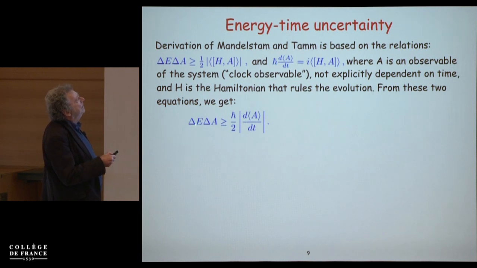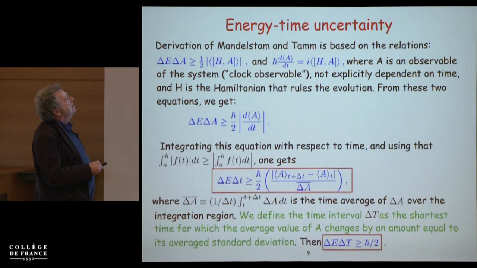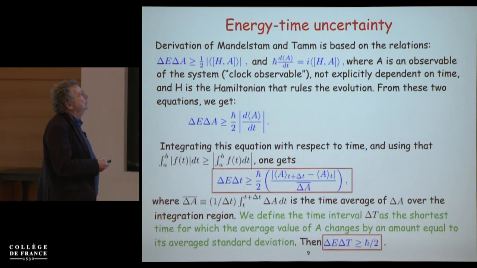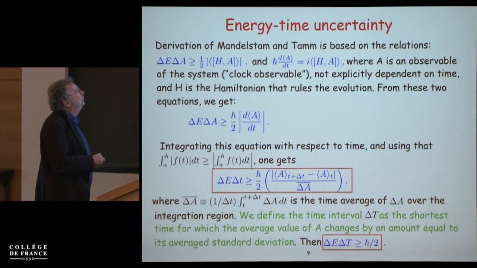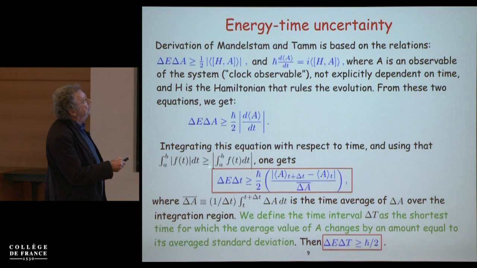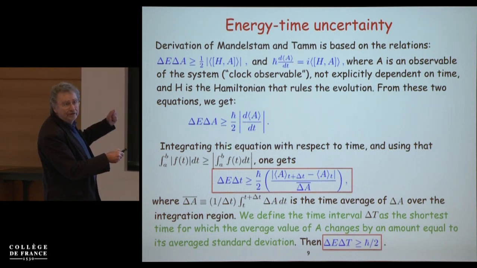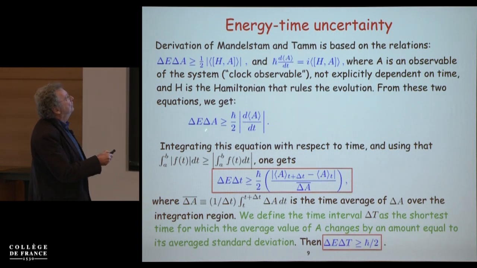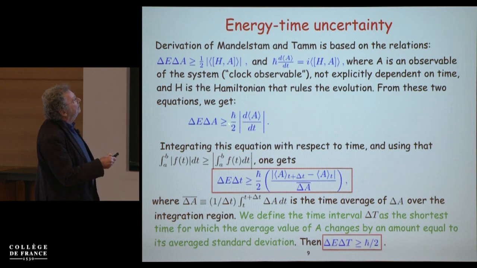So now we see that delta E, delta A is larger or equal than this term here. And now we integrate this equation with respect to time and use that the integration of the magnitude of this expression is larger or equal than the magnitude of the integration of this expression. So by using that, we find that delta E, delta T integrated over time is larger or equal than this expression here.